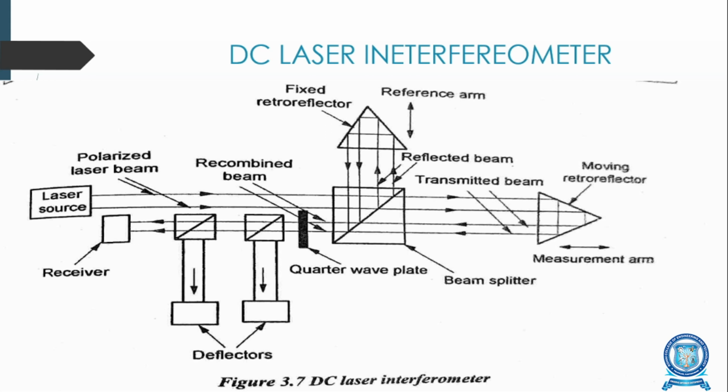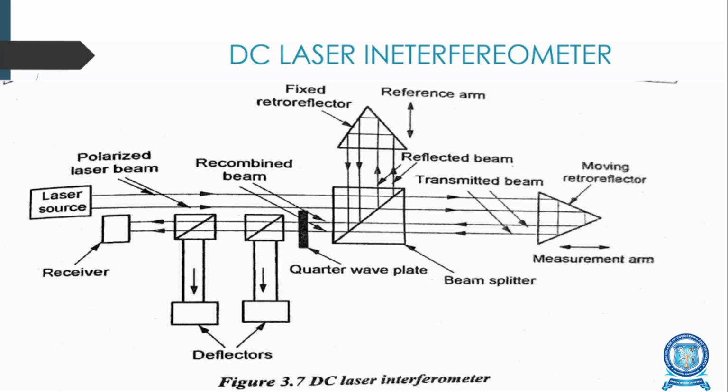The DC laser interferometer uses a single frequency circular polarized laser beam. This laser beam is split into two components with the help of the beam splitter, one in a horizontal way and the other in a vertical way.